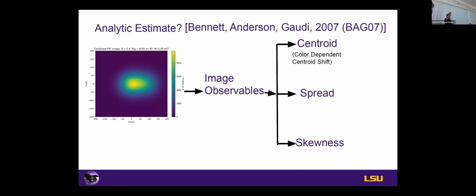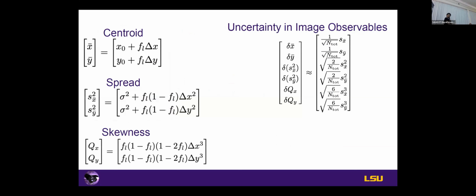Because of the separation of the two sources, there is a spread in the PSF, and if there is a difference in flux fraction between the source and the lens, then there will be a skewness as well. Using these observables, in principle, we can constrain the characteristics of the lenses.